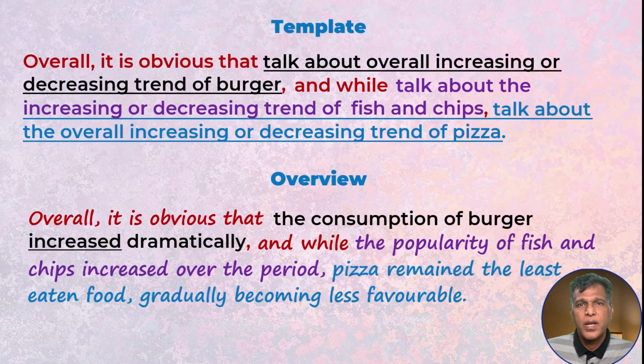Pizza remained the least eaten food, gradually becoming less favorable. So, in the overview, start with the phrase overall, it is obvious that, talk about the first trend or line, then the second trend, and then the final. That's it, a complete overview.